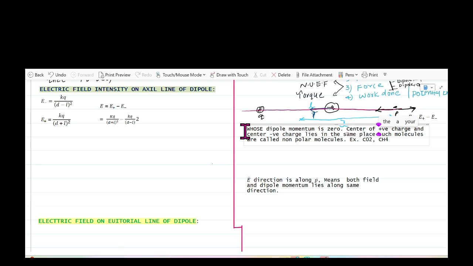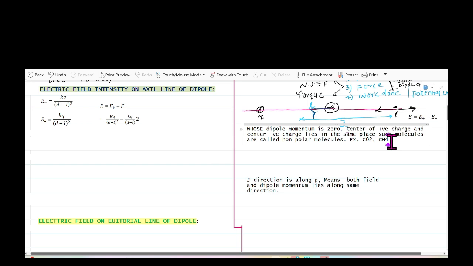Those molecules are called non-polar. Examples are given. This is the physical existence of dipole.